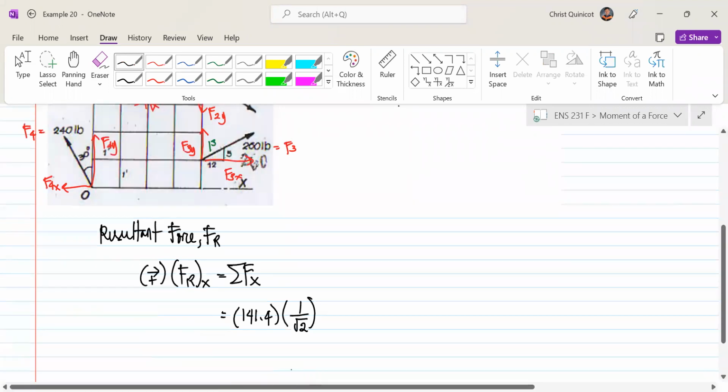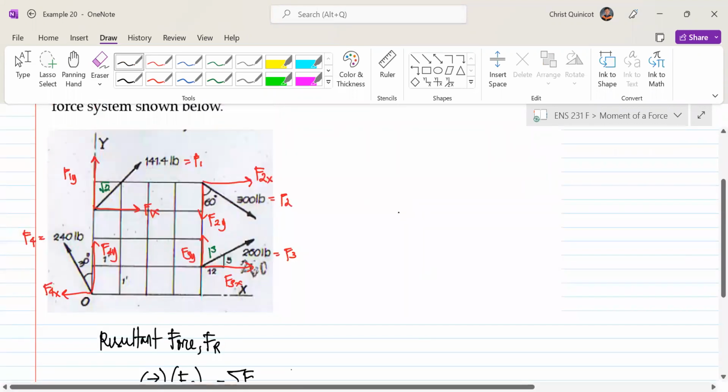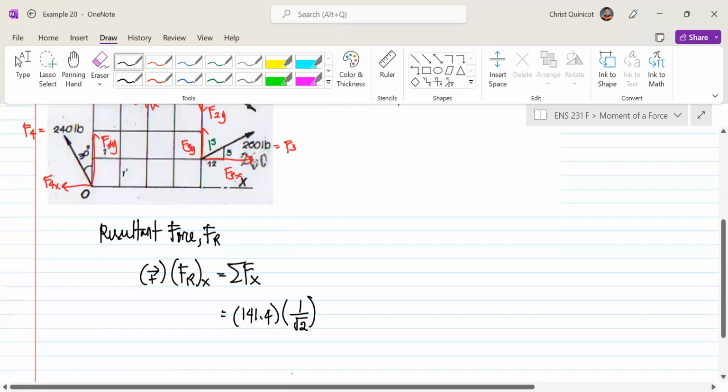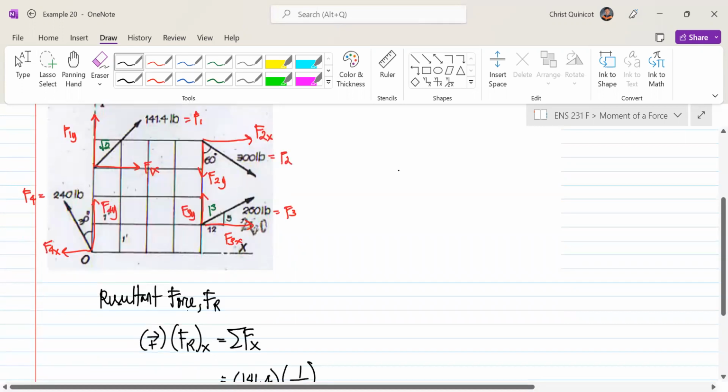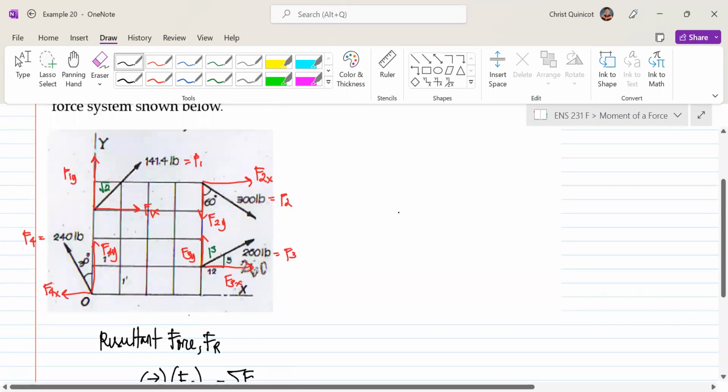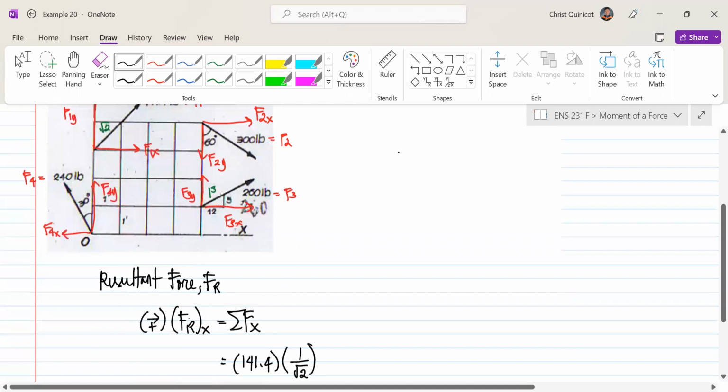Sorry. But nevertheless, for our 141.4, the x and y ratios are the same. 1 over square root of 2. Next would be the x component of F sub 2, that is 300 sine 60 degrees.